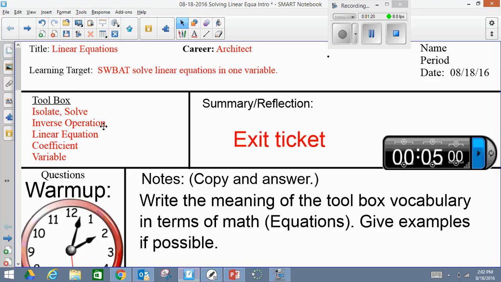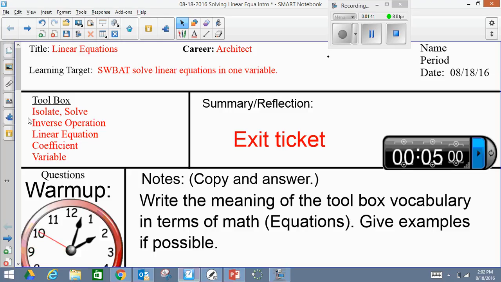Right now I'm going to say 2-3 days with this target because we're working on linear equations. Today our warm-up or bell work was to write the meaning of toolbox vocabulary in terms of math, basically linear equations. Give examples if possible. Isolate, we said that is when you leave the variable by itself, basically when you find the value of x.